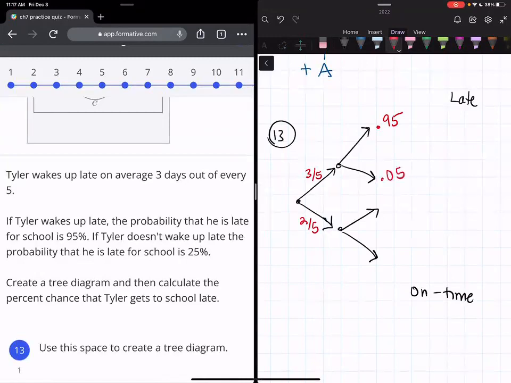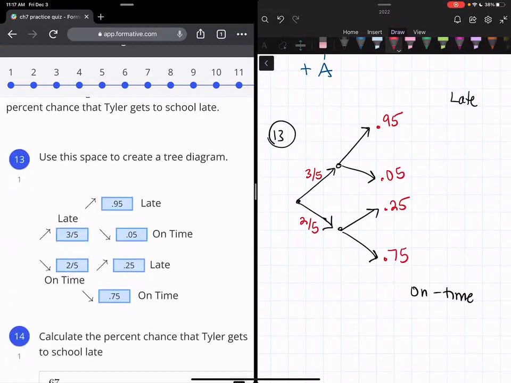Again, if you want to leave it at 95%, 5%, you can do that. If he doesn't wake up late, the probability he's still late for school is 25%. So 0.25 goes there, which means that 0.75 goes down there. And then, so that tree makes sense.